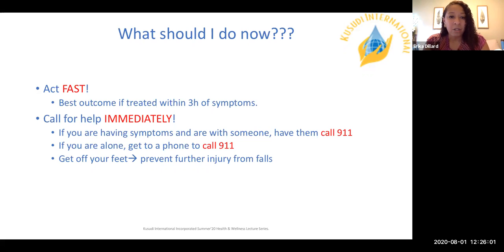The next step, though, is very important, and this is not something that is explicitly recommended, but if you are experiencing a stroke, as you saw in many instances, you have weakness that might develop. It might not be the first sign, but it might be the second sign or the third sign that happens with the stroke. What you don't want to do is be walking around and walking up the stairs or trying to walk around to find someone to help you.